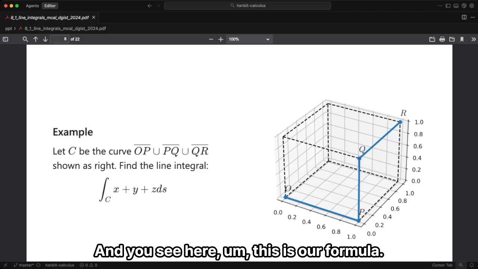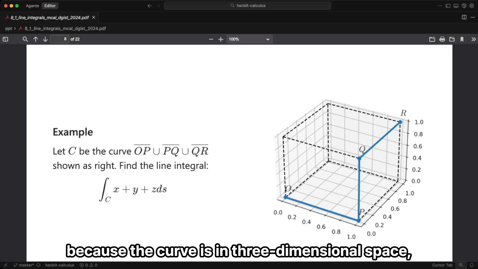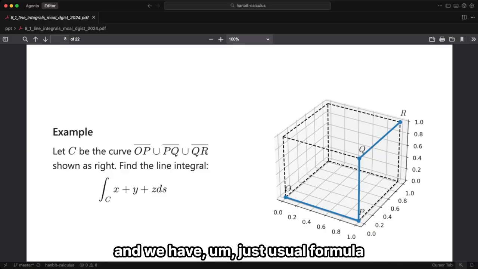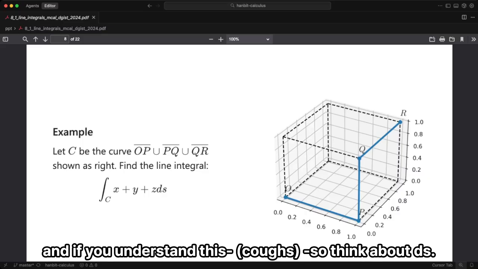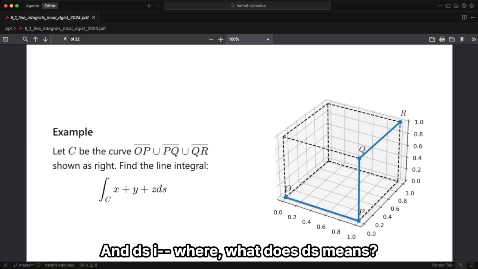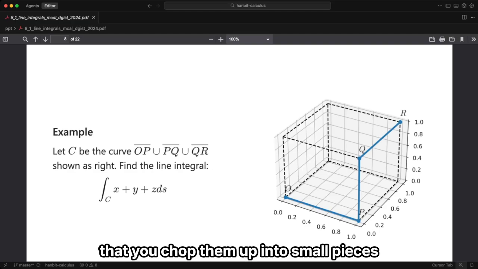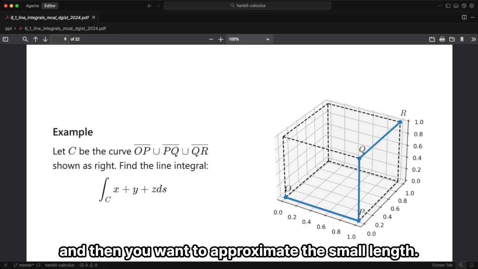And you see here, this is our formula. This is our function in terms of three dimensions, because the curve is in three-dimensional space. And we have just the usual formula here over C and ds. If you understand this, think about ds. What does ds mean? ds is the length of a small line segment that you chop up into small pieces, and then you want to approximate the small length.